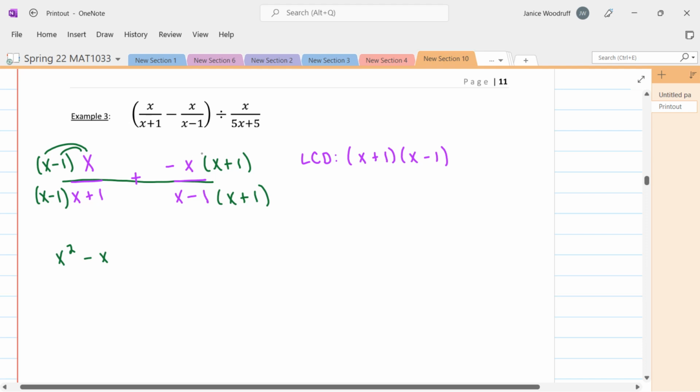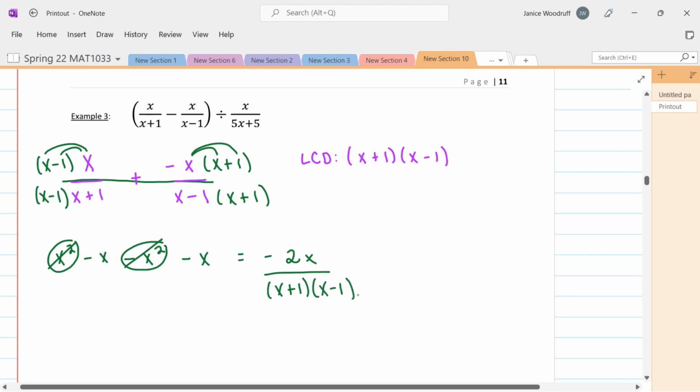And then I have a negative x times x, negative x squared minus x. I'm going to combine these like terms. X squared minus x squared cancels out. I have negative x minus x. That's going to give me a negative 2x. And that's all I have for my numerator. So then I'm going to write it over my LCD, which is x plus 1, x minus 1.